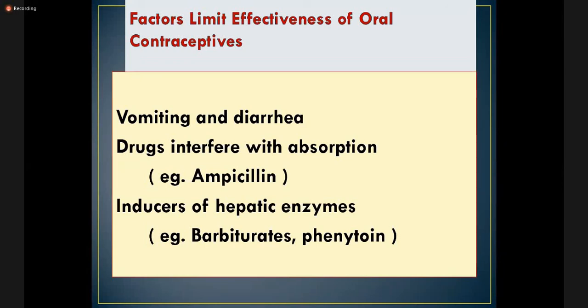So if a female is taking oral contraceptives, and at the same time she is taking an anti-epileptic drug, like phenytoin, there is a chance of conception. Why? There is a chance of conception. Anyone?